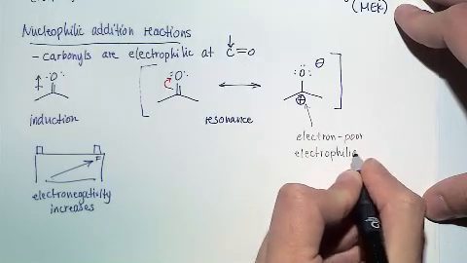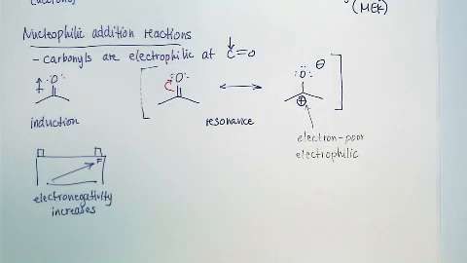And it would really like some electrons. And so, say if you have an incoming reagent that has a lot of electrons, something electron rich or nucleophilic, then it's going to want to react with that carbon atom.